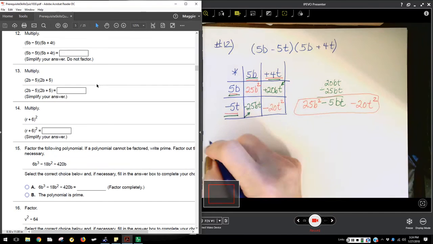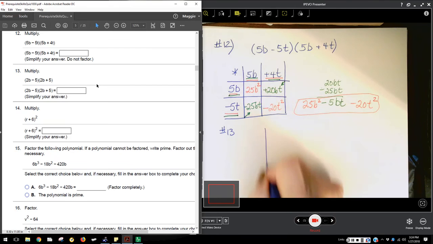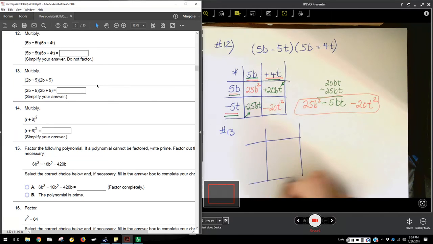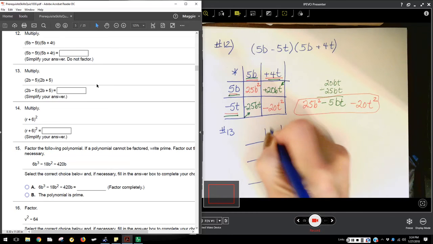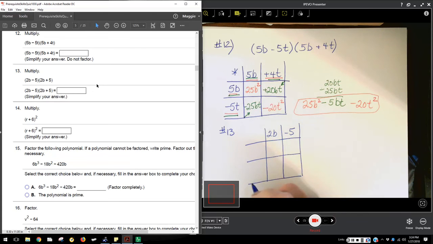So to practice here with number 13, it says to multiply 2b minus 5, and it doesn't matter if you start on the side or the top, times 2b plus 5.